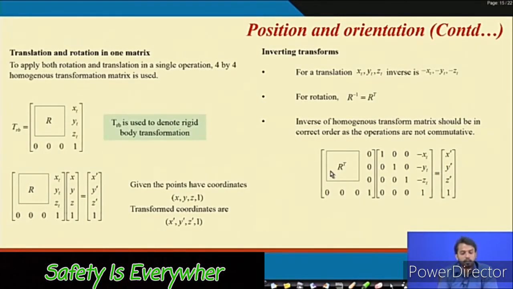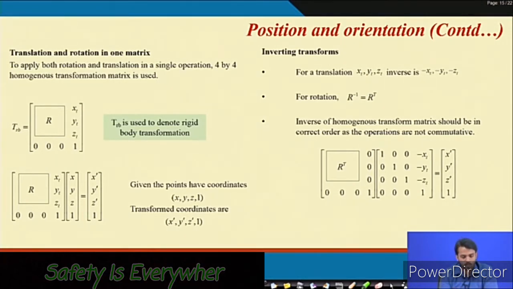If you are considering translation and rotation in one matrix, to apply both rotation and translation in a single operation, a 4 by 4 homogeneous transformation matrix is used. Why? Because with a 3 by 3 matrix, the operation of rotation and translation together is not possible.